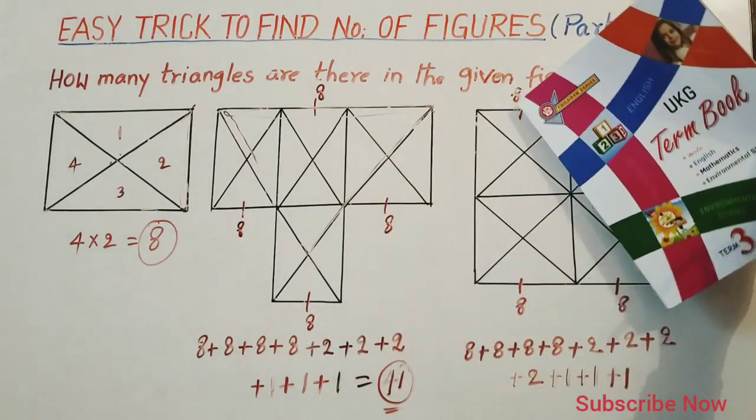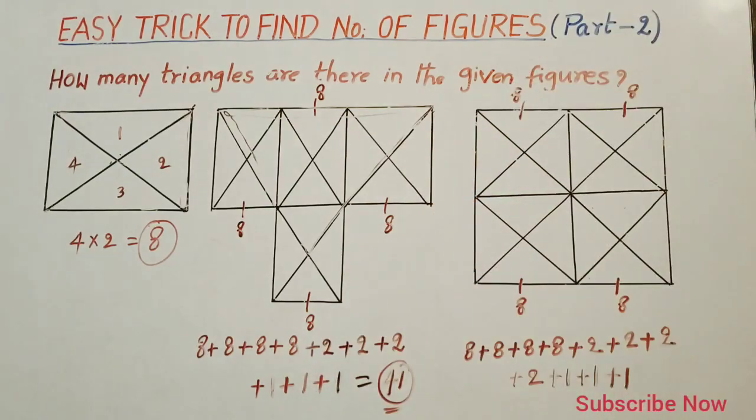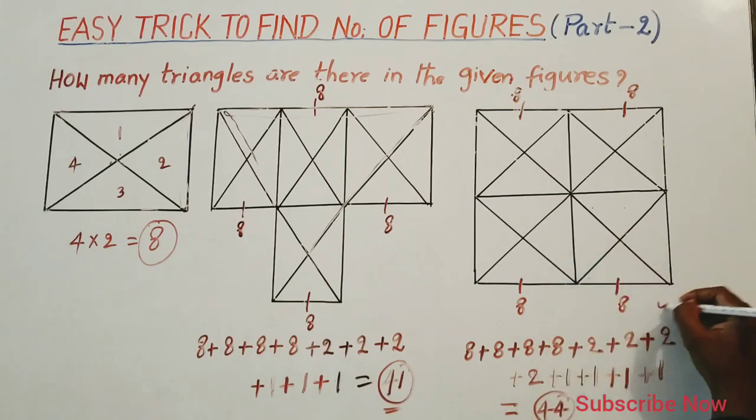And finally you close this and you will see there is one more triangle. So plus 1. So finally 8 plus 8 is 16, 24, 32, 34, 36, 38, 40, 41, 42, 43, 44. So totally 44 triangles are there in this diagram.